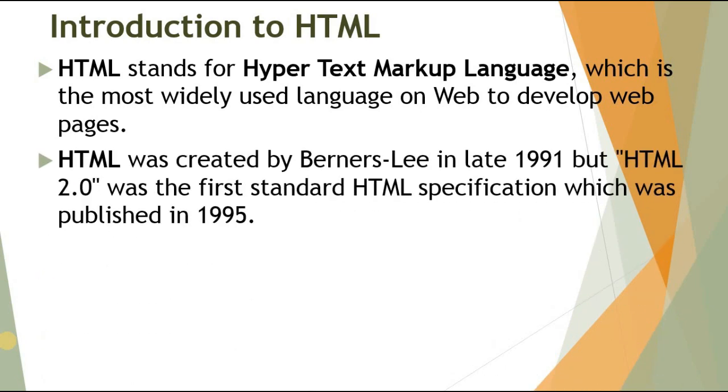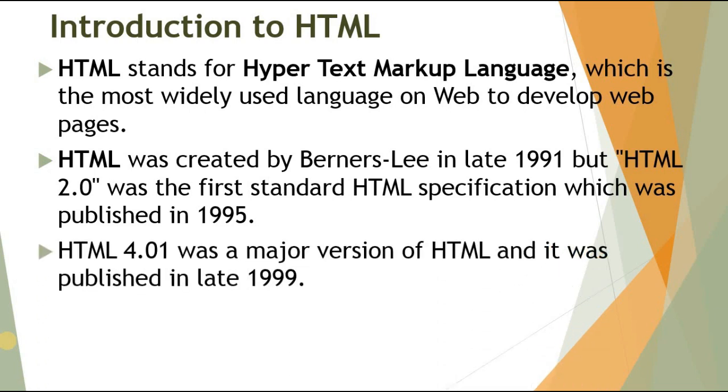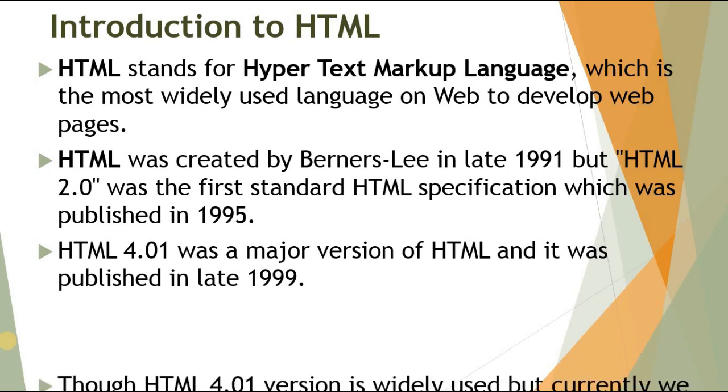HTML was created by Berners-Lee in late 1991, but HTML 2.0 was the first standard HTML specification, which was published in 1995. HTML 4.01 was a major version of HTML and it was published in late 1999.